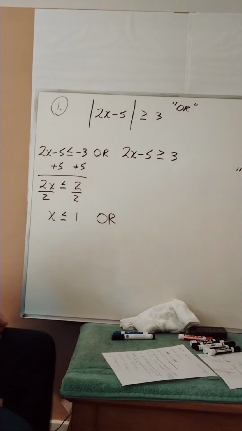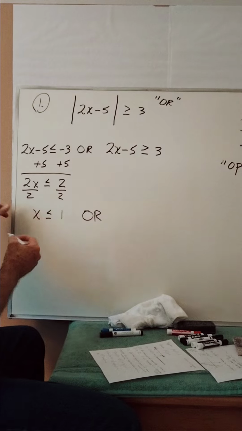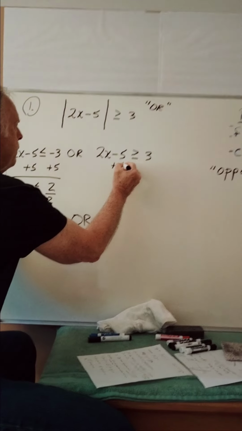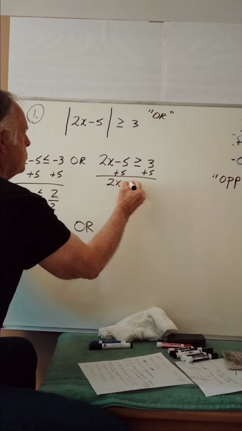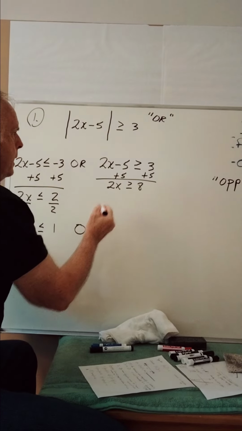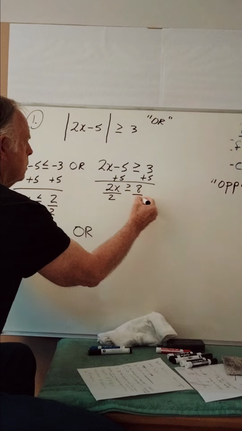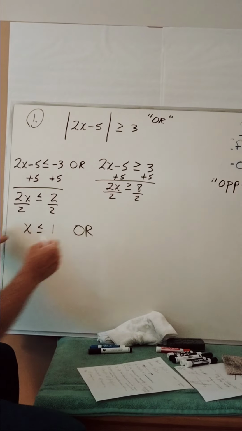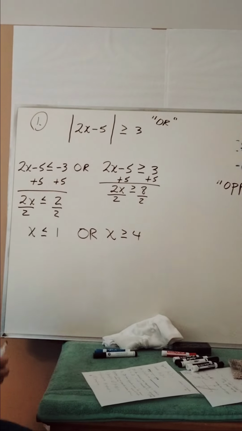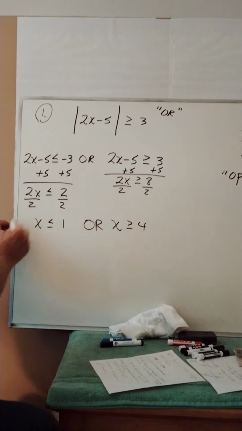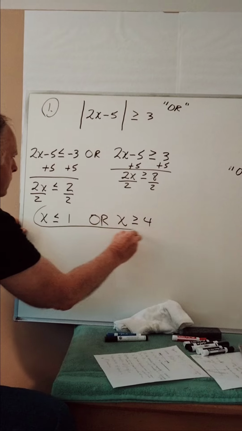Or, here, positive 5, positive 5. 2x is greater than or equal to 8. Over 2, over 2. Or, x is greater than or equal to 4. Now there was the overall solution that we got.